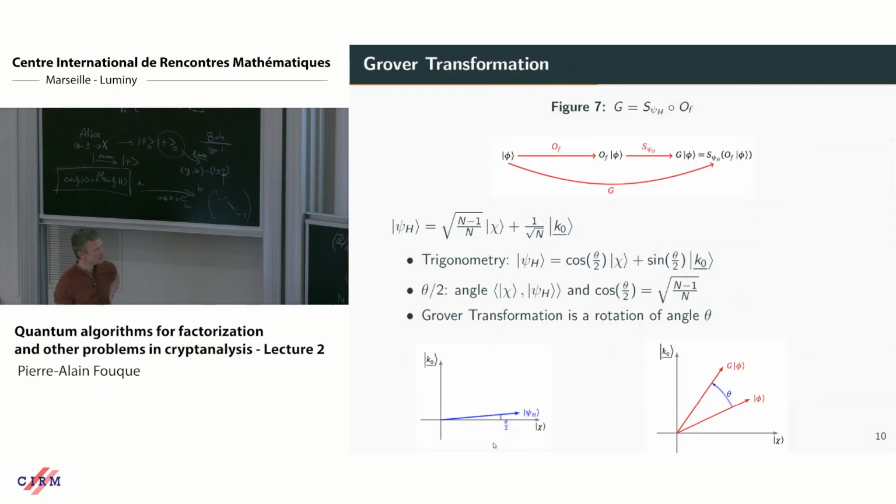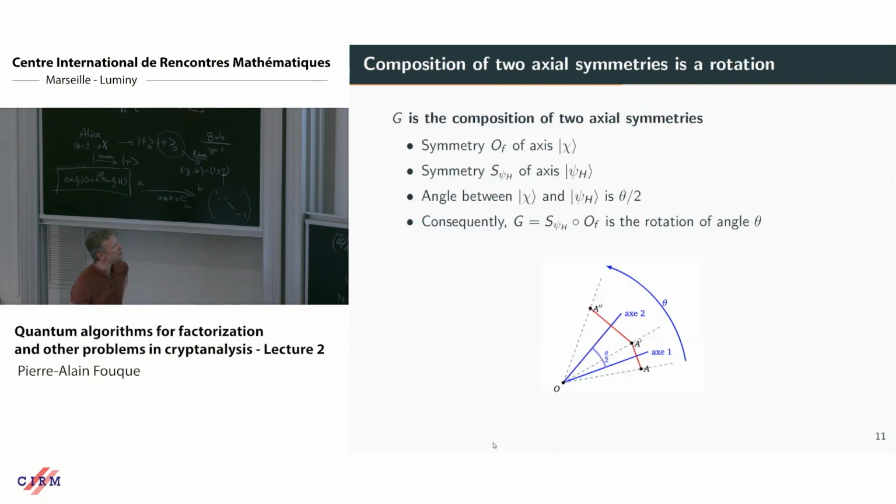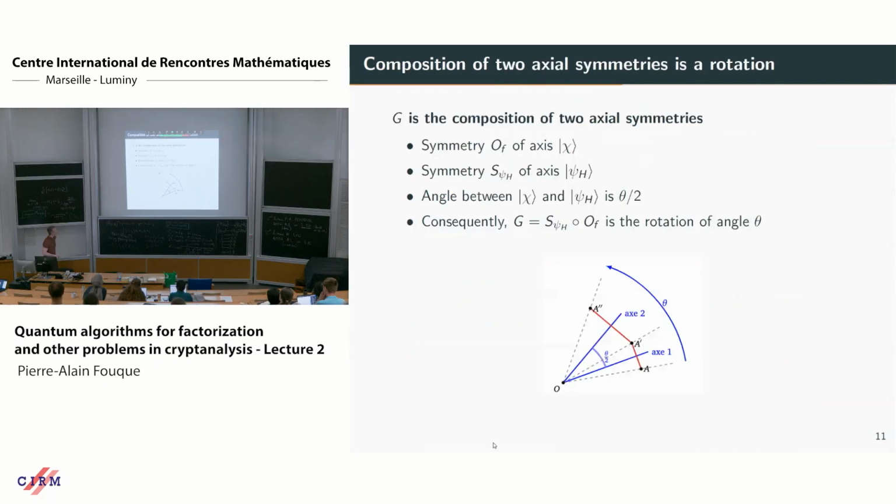And the composition of these two axial symmetries, as I explained to you, is some rotation. To see that it is a rotation, if I compose two axial symmetries, with this axis here and now with that axis, this corresponds to a rotation where the center of the rotation is the intersection of these two axes, and the angle is twice the size of the angle between the two axes.